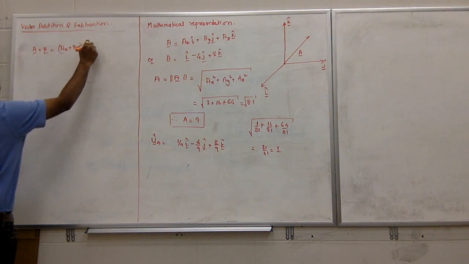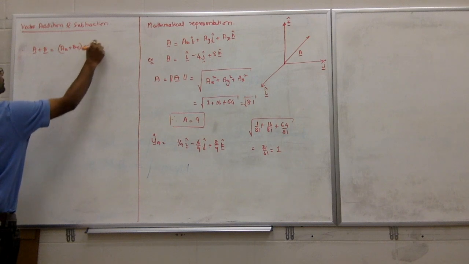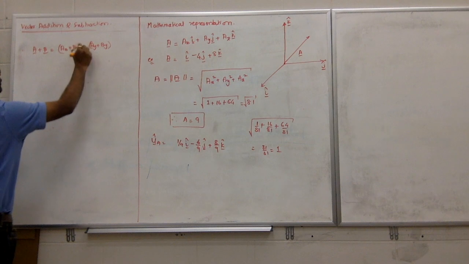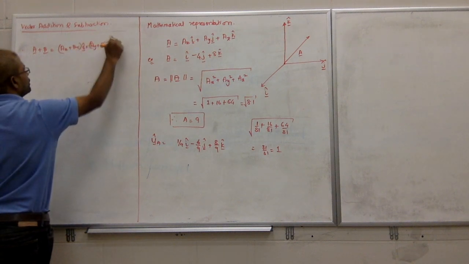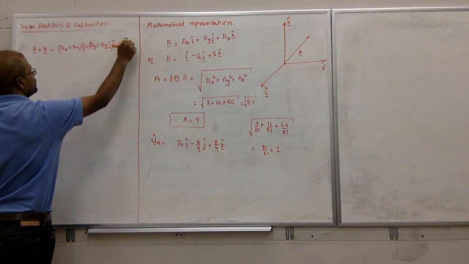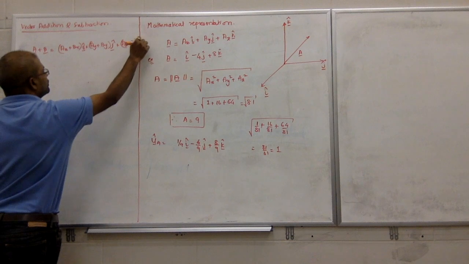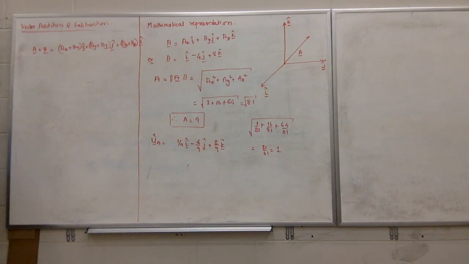Plus AY plus BY. Of course, you have to have your I, J, AZ plus BZ. Okay. The prerequisite for this is if you want to add two vectors, they have to be expressed in the same basis, in the same reference.